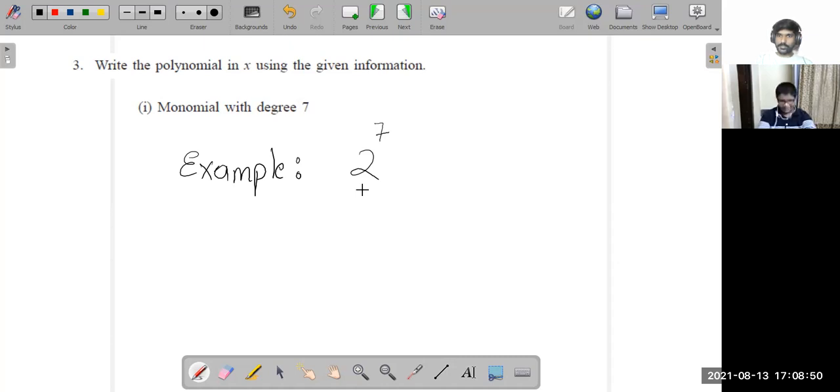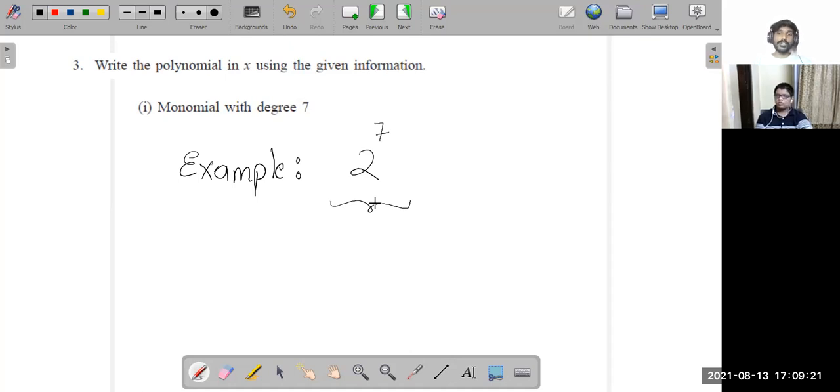But something is missing here. What do you mean by degree? The highest power of the polynomial. But that power should be to what?